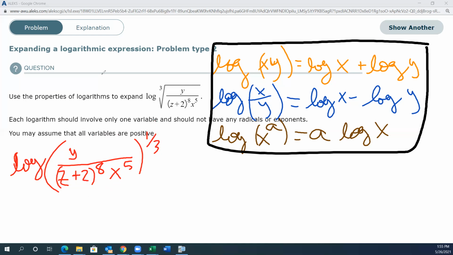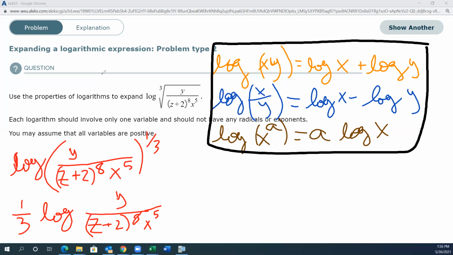So let's start off by using the exponent rule and bringing the exponent out in front. Am I writing this down right? Yeah. 8 and 5. Okay. So I got all that.